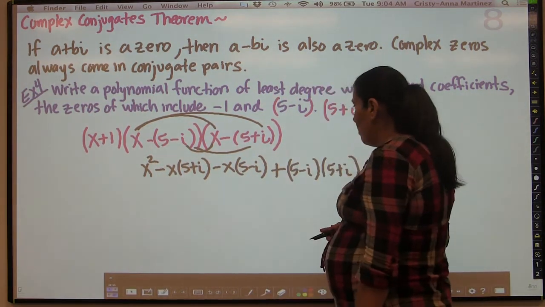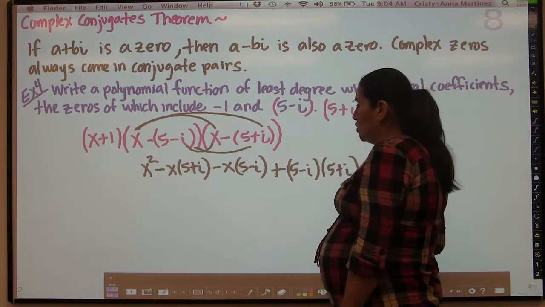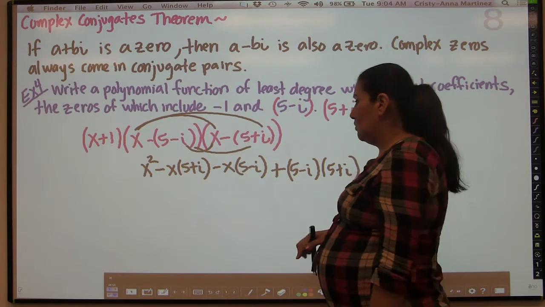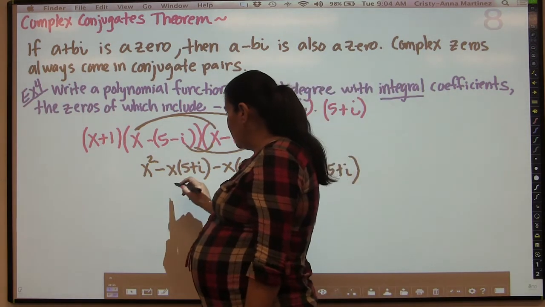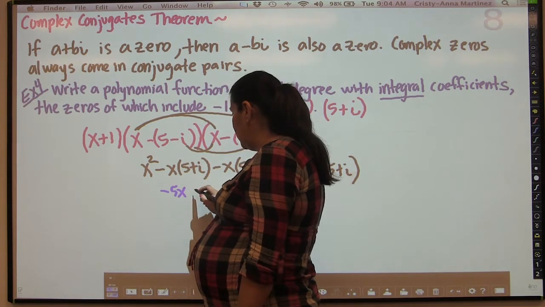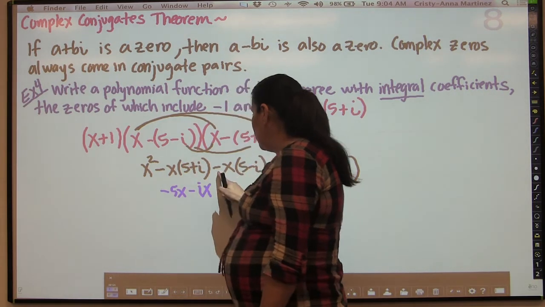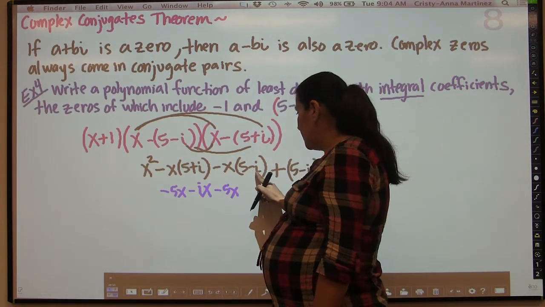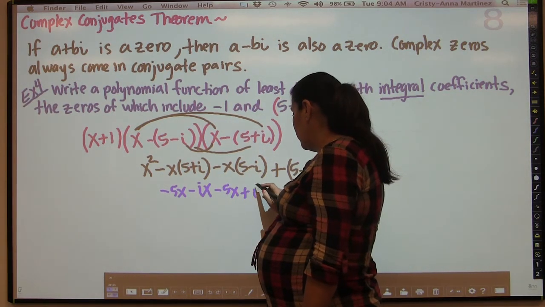Okay? Now, at this point, you can actually try to distribute the x to the 5's and see what happens. You're going to get -x times 5 is -5x. -x times i is -ix. -x times 5 is -5x again. And -x times -i is +ix.